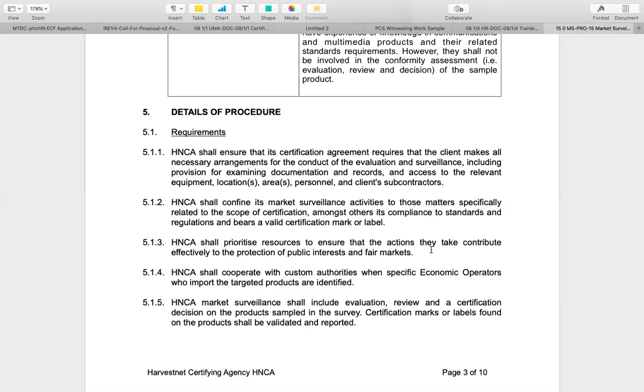We will prioritize to ensure our actions contribute effectively to the protection of public interests and fair market, and we will cooperate with other customs authorities who give the permit for the product importation. Our surveillance will include evaluation, review, and a certification decision on the product sample in the survey. Certification marks or labels found on the products will be validated and reported as well.